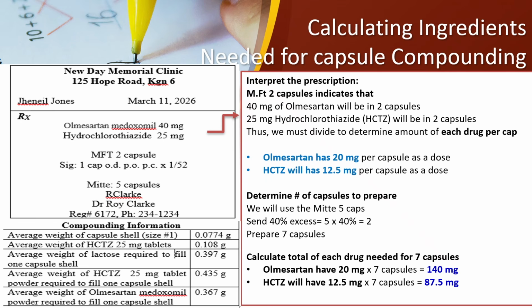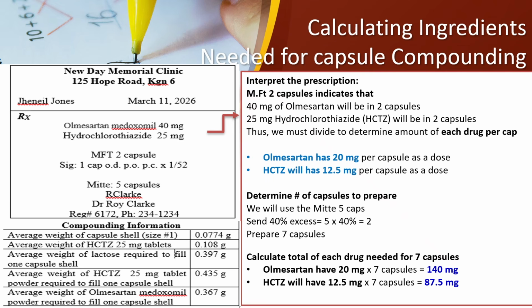So you have the olmesartan salt, 40 milligrams, hydrochlorothiazide, 25 milligrams, and directly below that, we have MFT 2 capsules. It means that when we have MFT 2 capsules, it indicates that in two capsules together, we're going to find 40 milligrams of olmesartan and 25 milligrams of hydrochlorothiazide.